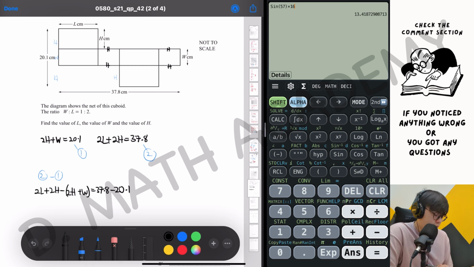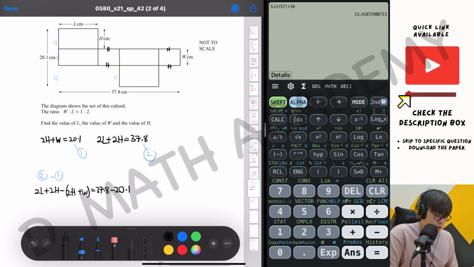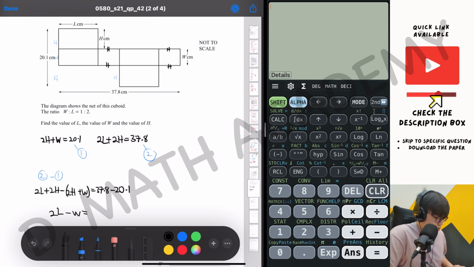So you got 2L plus 2H minus 2H plus W equals 37.8 minus 20.1. So for this, you will get 2L plus 2L minus W equals 17.7.